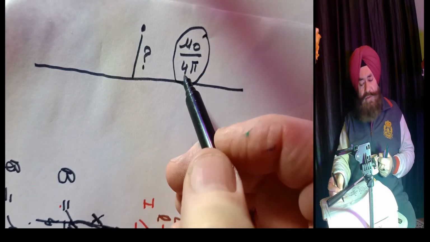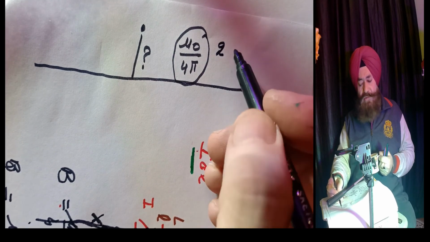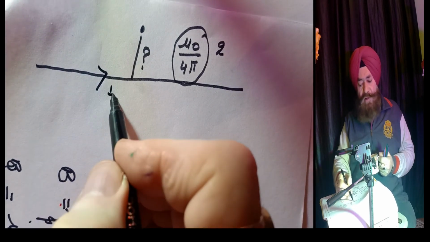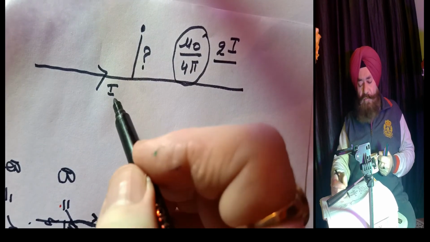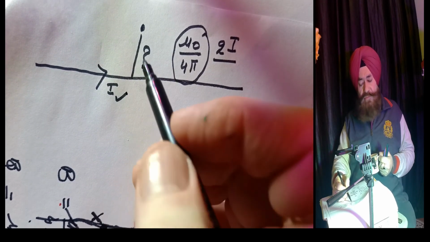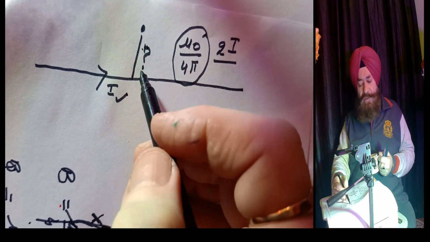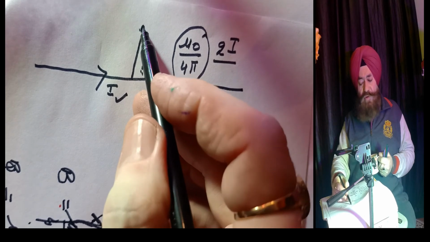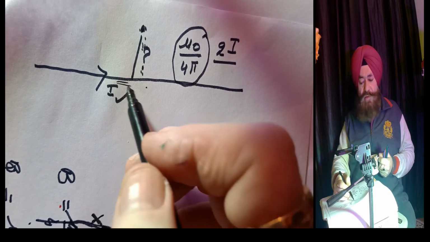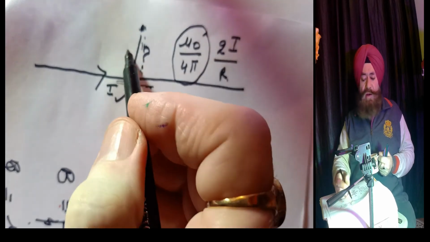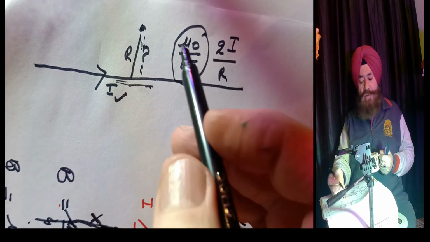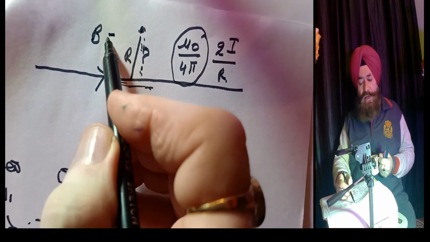If the medium is constant, then the current which is flowing, let it be constant I. And of course it depends upon I also. But it also depends upon where your observation point is from the infinite long conductor. That is capital R, if this is R. So this is all about the magnetic field.